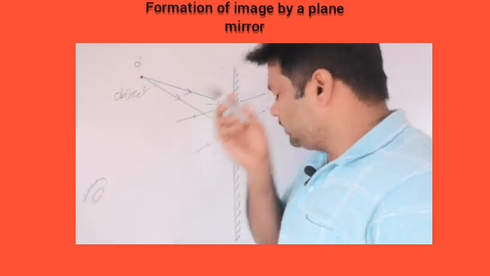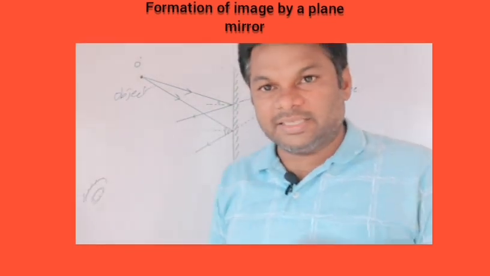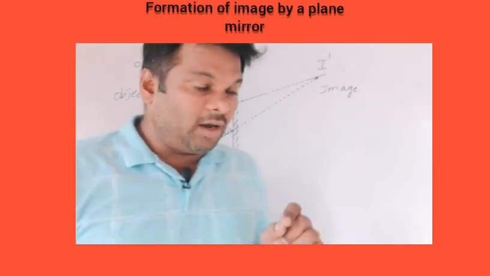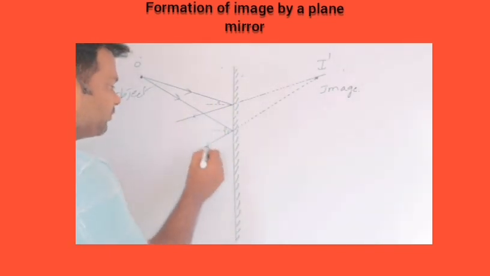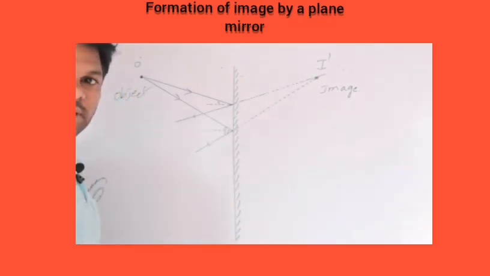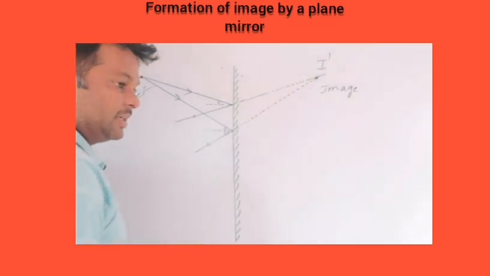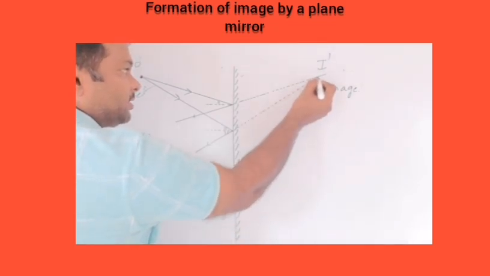So the image of this object is inside the mirror. How did I get this? If I extend these two reflected rays behind the mirror, that is in reverse, they both seem to converge here.